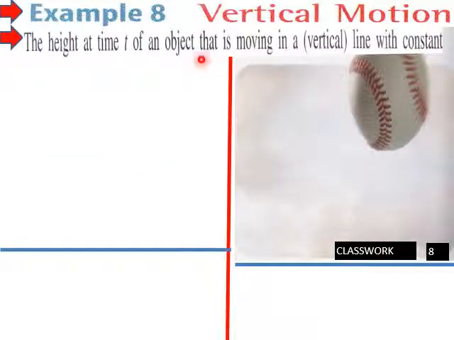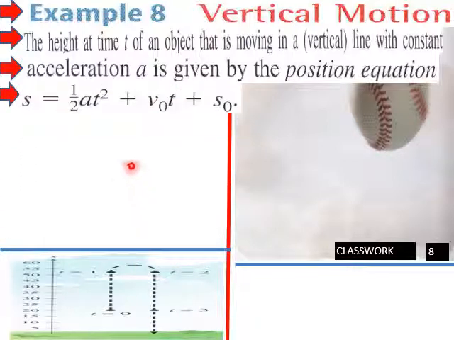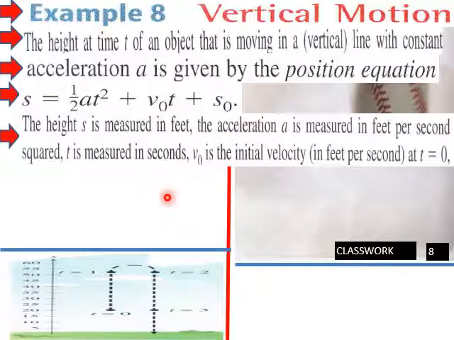Okay, example 8, vertical motion. The height at time t of an object that is moving in a vertical line with constant acceleration a is given by the position equation s equals 1/2 a t squared plus v naught t plus s naught.